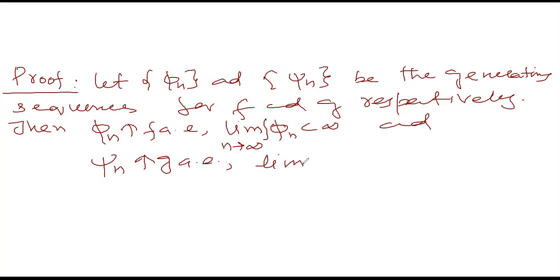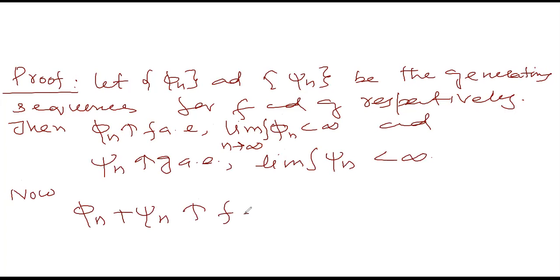The second property is that the limit of the integral of psi n is finite. Now you can see this phi n plus psi n increases to f plus g almost everywhere. So we'll see that this sum is a generating sequence for f plus g. So that will give f plus g is an upper function.